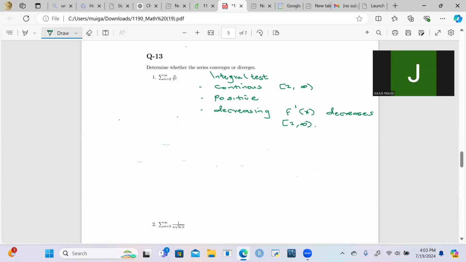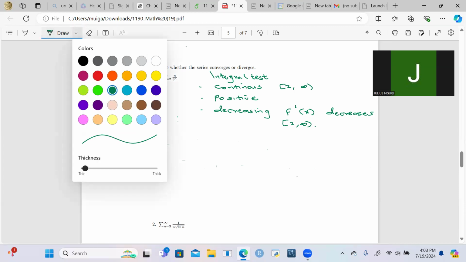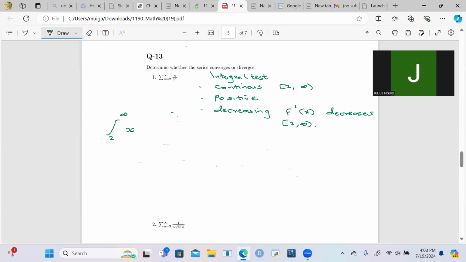So we will be integrating from 2 to infinity, then n, and instead of n, let's use x. So let's use x times 3 to the power of minus x with respect to x.